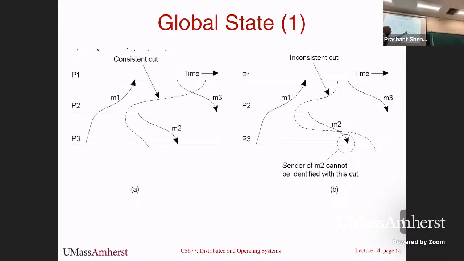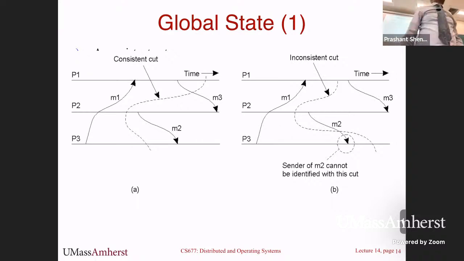Right, so where the dotted line crosses the process just means that's the point at which you pause the process and save its local state. That's all it means. So we are now taking an example where P3 checkpointed at this point, P2 checkpointed here, and P1 checkpointed there. And we are asking a simple question: if some process crashes and I just restart P3 here, P2 there and P1 over there, will that result in a consistent execution?